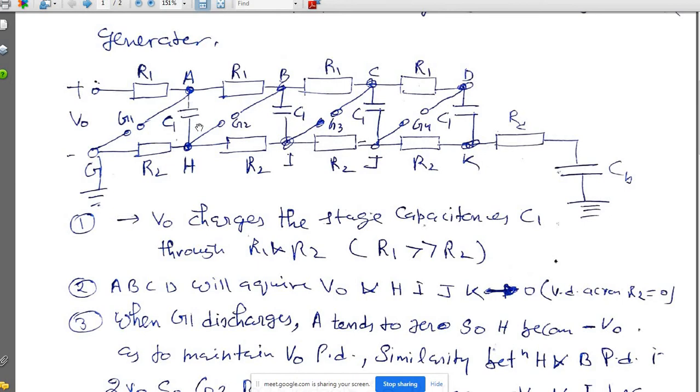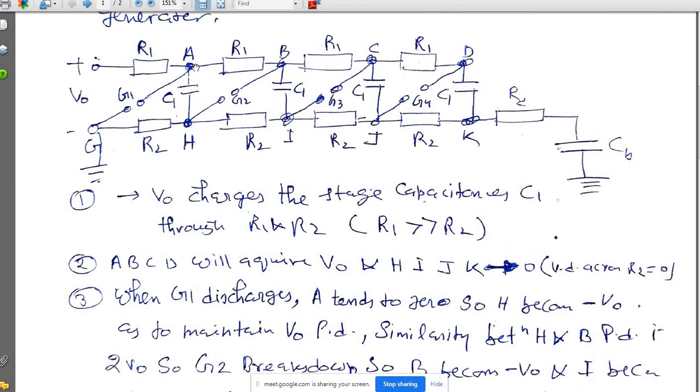The potential difference across a capacitance cannot change instantaneously, so at that instant the potential difference across A and H will remain V0. To keep this V0, if A becomes 0, then H becomes minus V0.